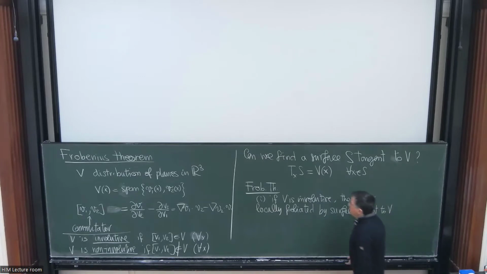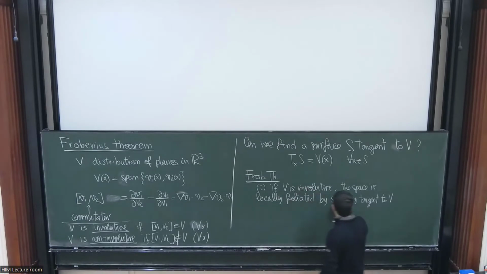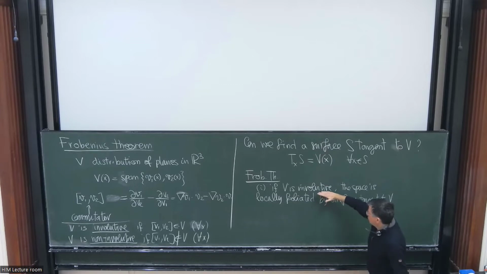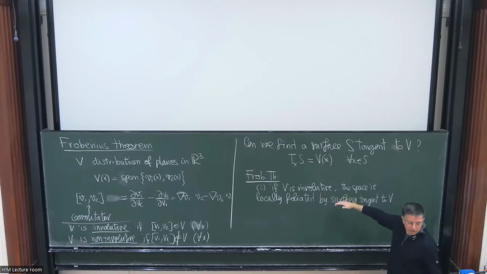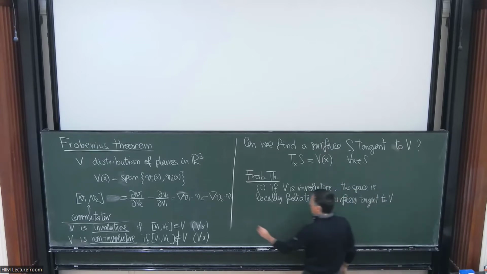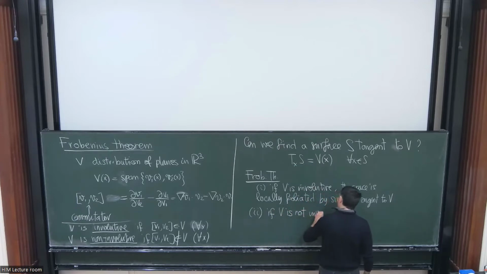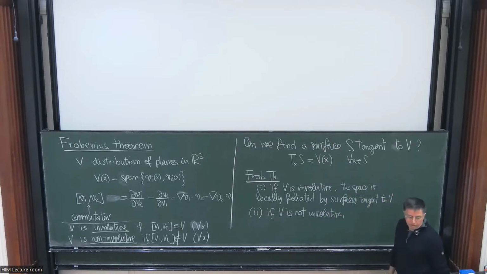Okay, and that's usually what you say, saying that the distribution is integrable, meaning finding the surfaces means integrability of the distribution. So essentially, this statement says involutivity implies integrability, and vice versa, meaning that here is the other statement. If V is not involutive, there exists no surface tangent to V.